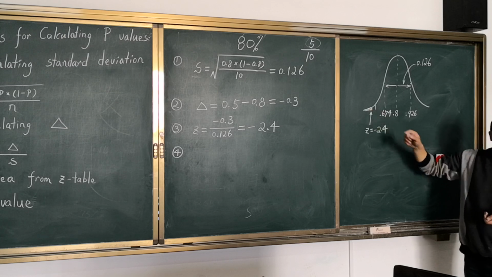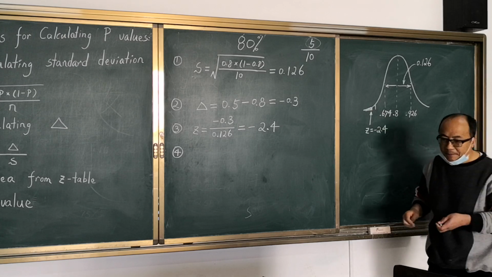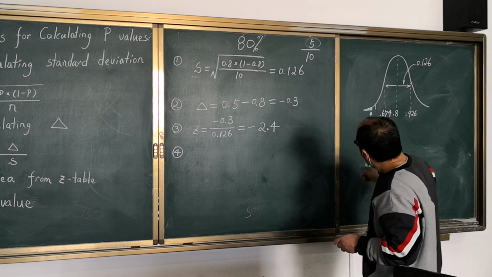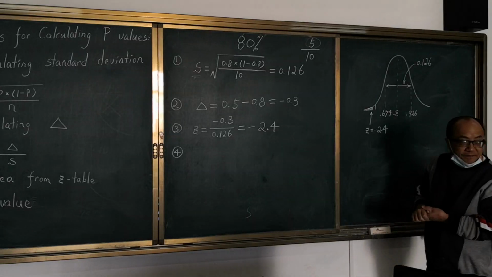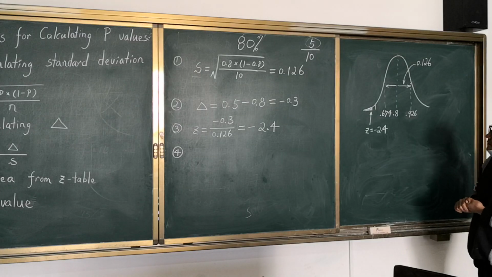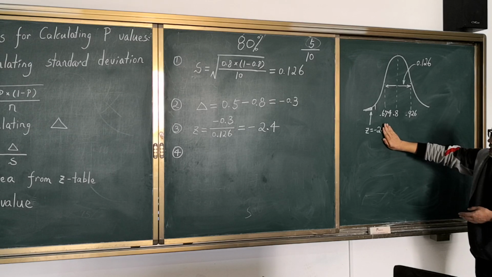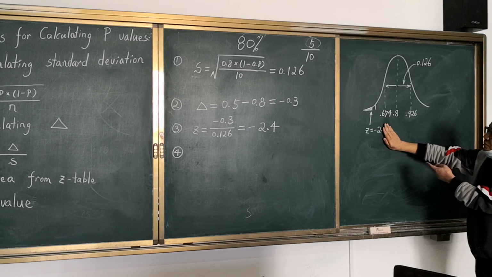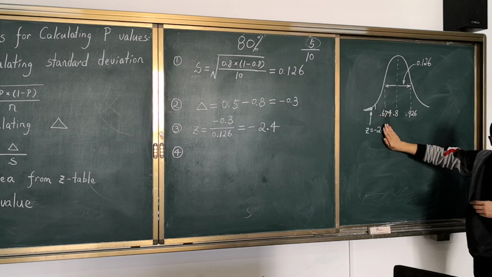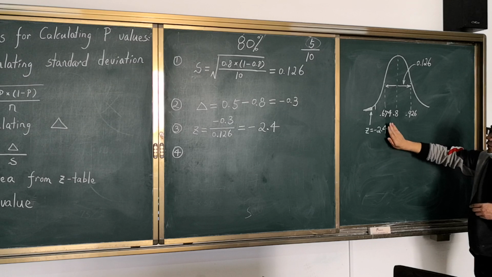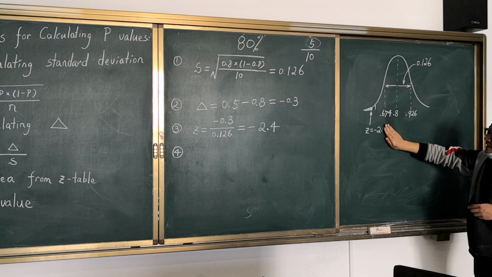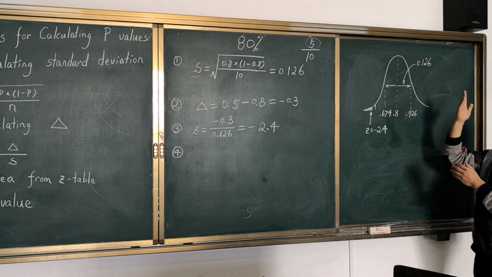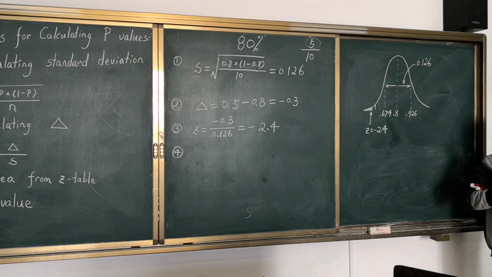So how to find this area? If it is a beautiful -2, what's this area? If it's a beautiful -2 without the 0.4. If it's a beautiful 2, the 68, 95, 99.7 rule.